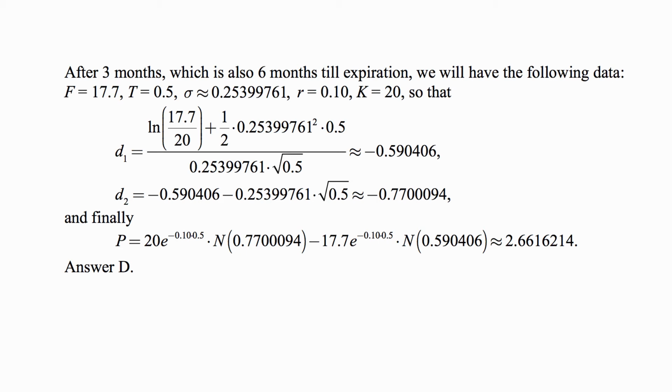And then just evaluate this either by the normal distribution values. There is a normal distribution calculator on the test that you can use, or look it up in the table in the paper version, and you get almost exactly 2.66, which is exactly answer D.